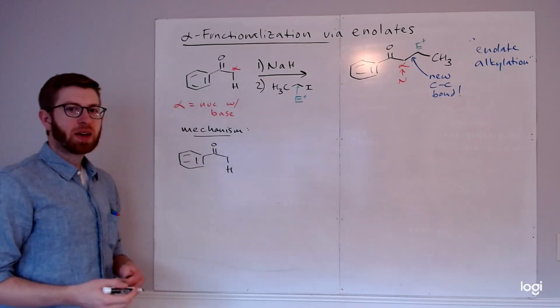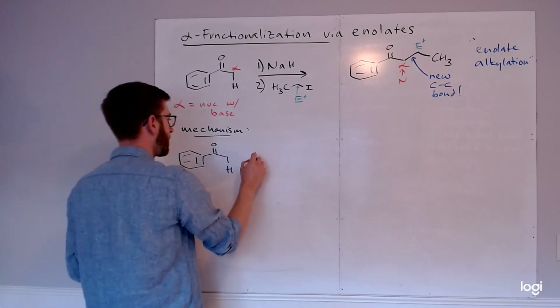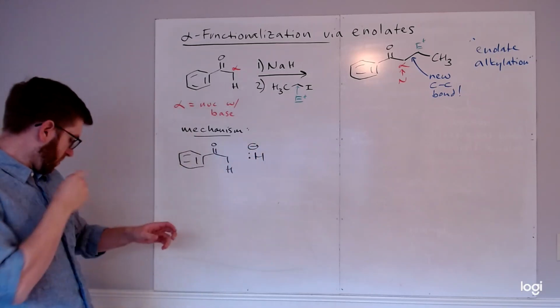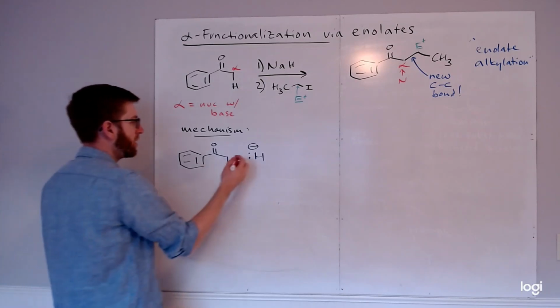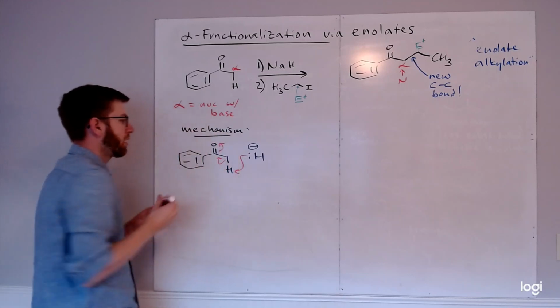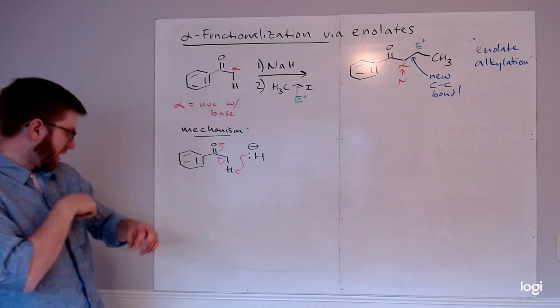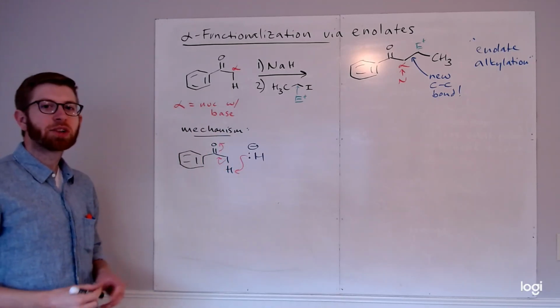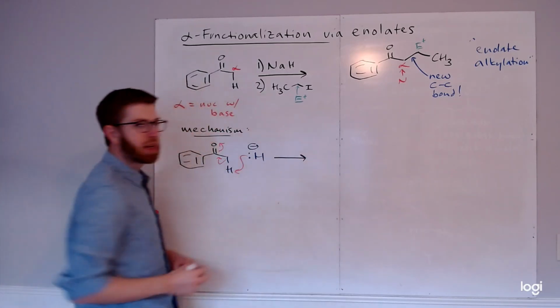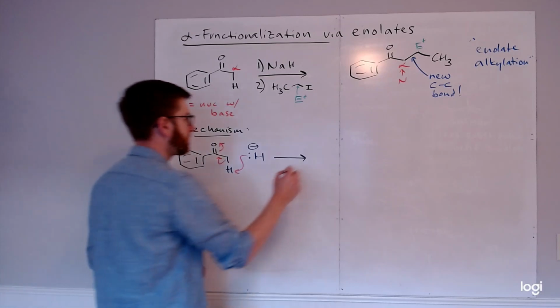I'm going to represent that as H-. So essentially the business end. And so what we're doing is irreversibly deprotonating our alpha hydrogen, and I'm going to show the formation of the major resonance structure of the enolate. I'm going to show this acid-base reaction as irreversible.